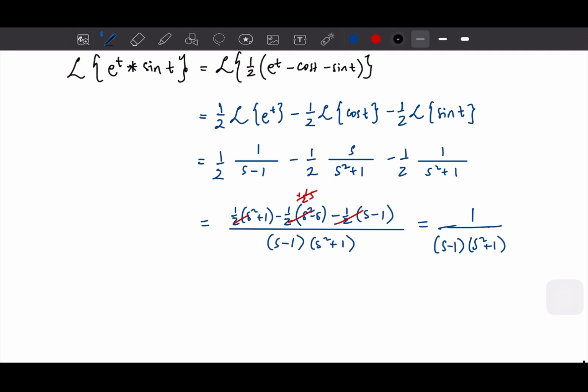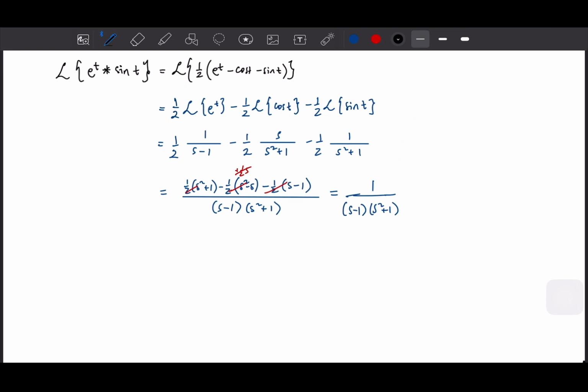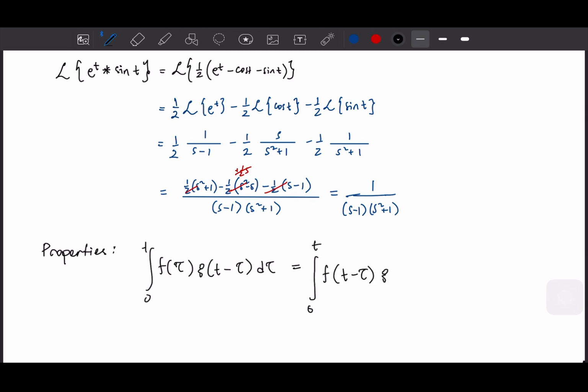Okay, another important property of convolutions is that we could take the other way around and switch the functions, and this is still correct.